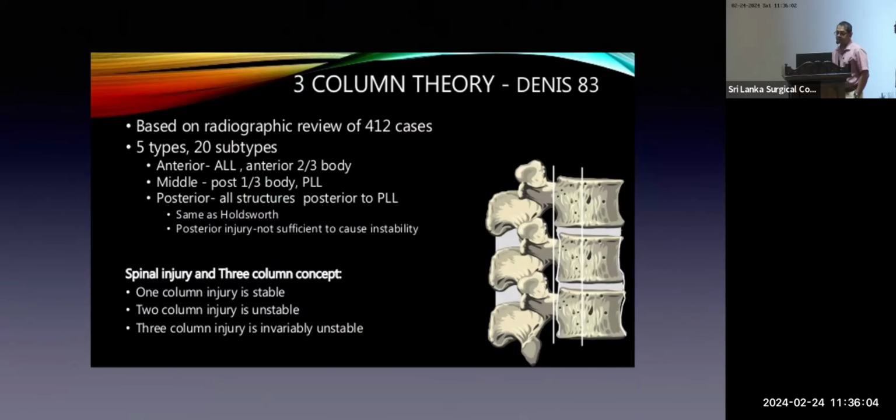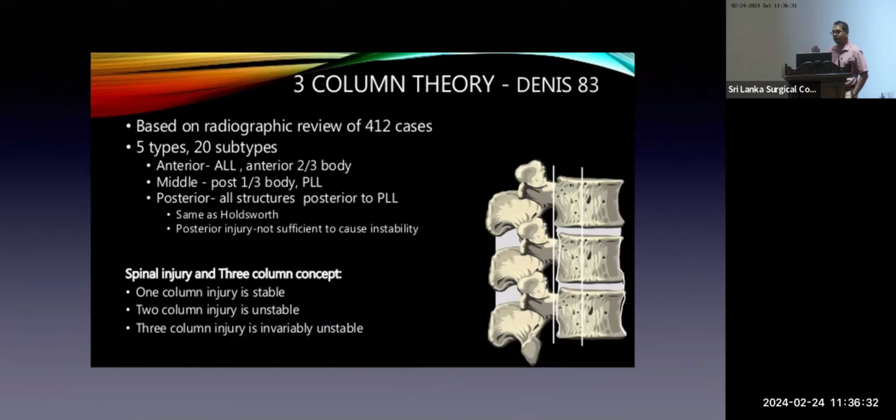So, like I told you earlier, Dennis, back in 1983, gave this concept, and this is more or less what we deal with. Now, this was given for the thoracic and lumbar region, but this is also more or less accepted in the cervical region from C3 downwards.